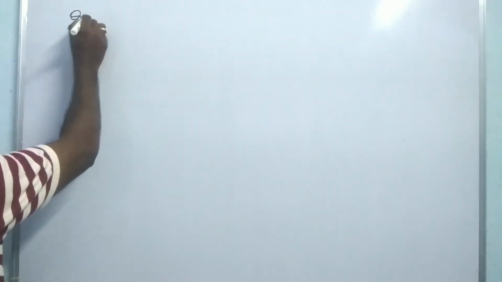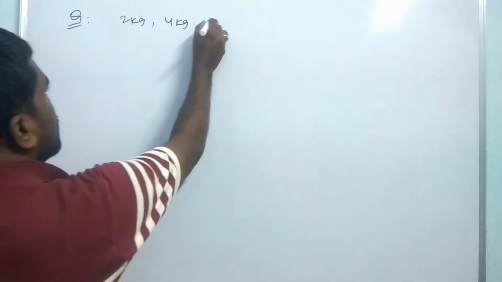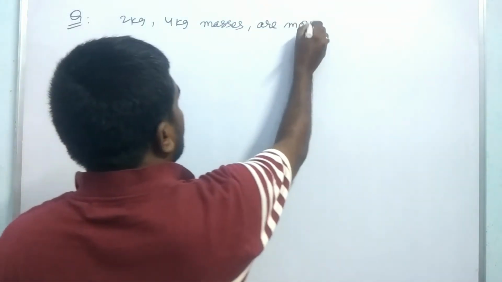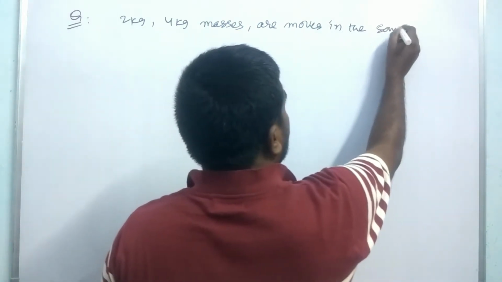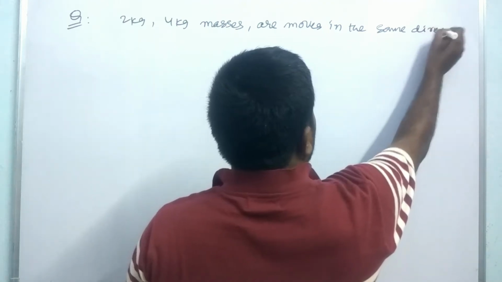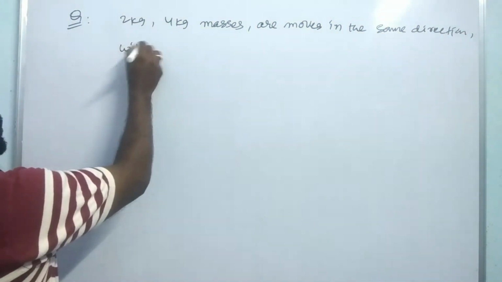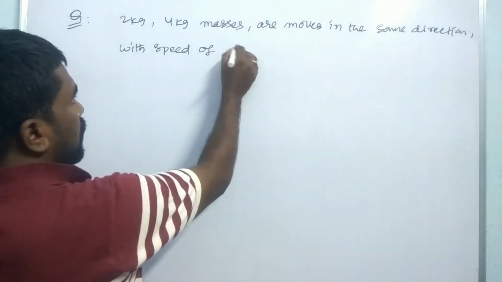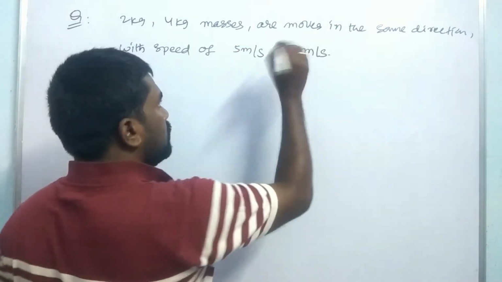Here, 2 kg and 4 kg masses move in the same direction with the speeds of 5 meter per second and 10 meter per second.